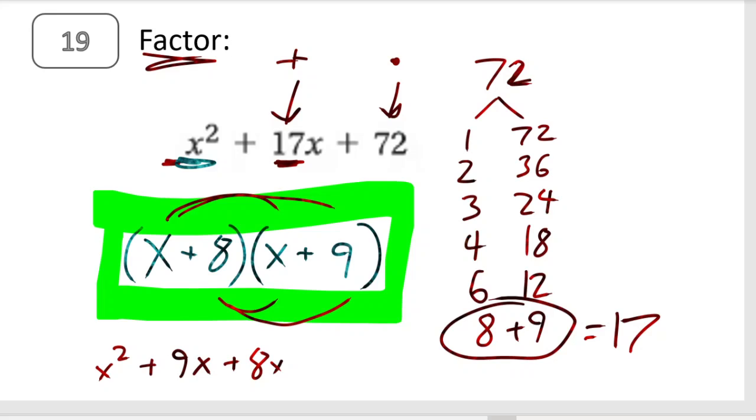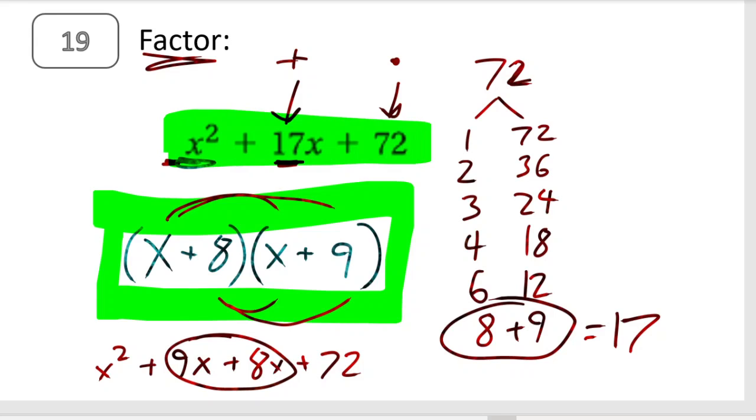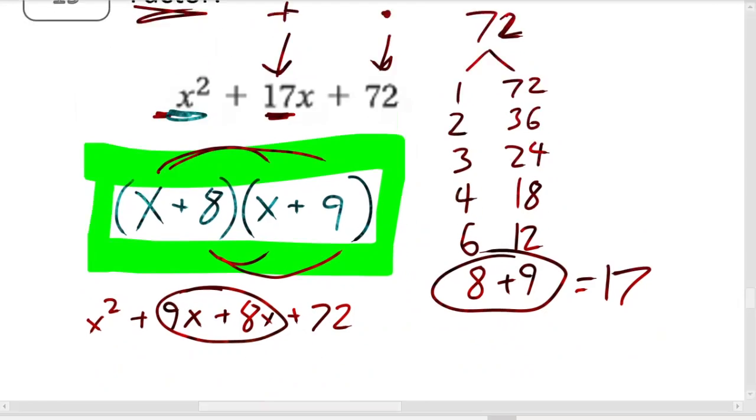And then finally, 8 times 9 is 72. Once we combine these two like terms in the middle, 9x plus 8x gives us 17x, and we would end up right back where we started with those three terms. So since we were able to reverse the process and end up back where we started, we know that we got the right answer, which is that pair of binomials.